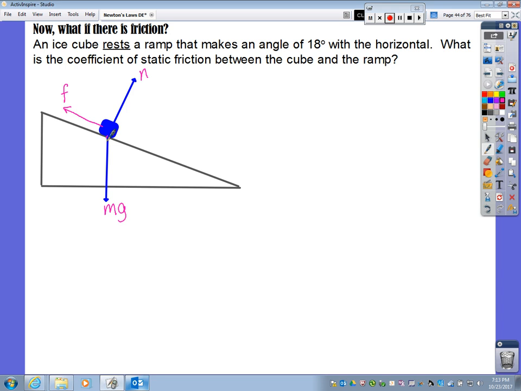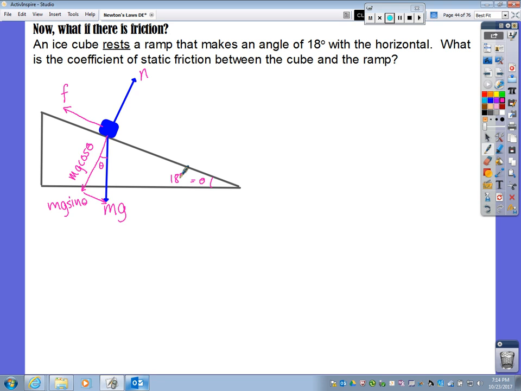Again, we'll split this into the perpendicular and the parallel to the ramp. mg cosine theta, mg sine theta. Again, this is theta, and it equals 18 degrees.